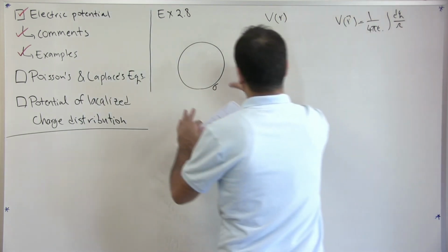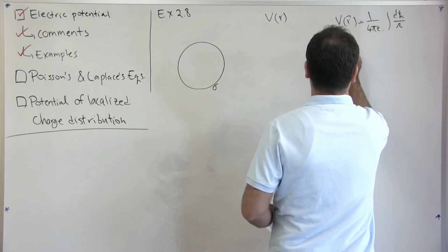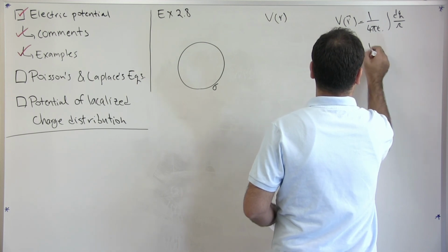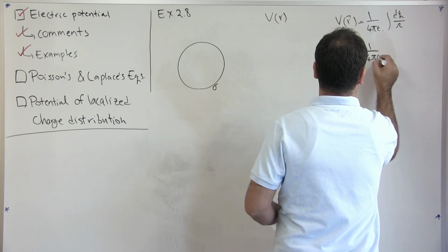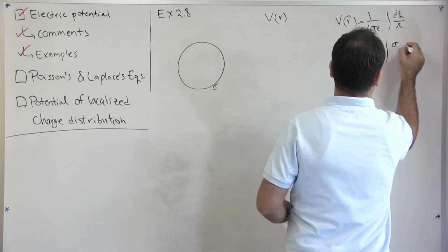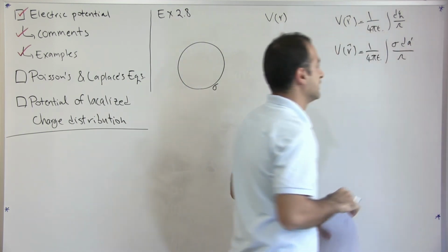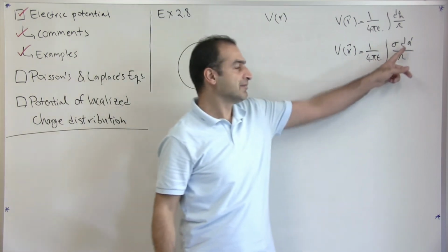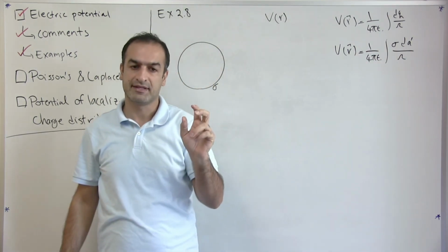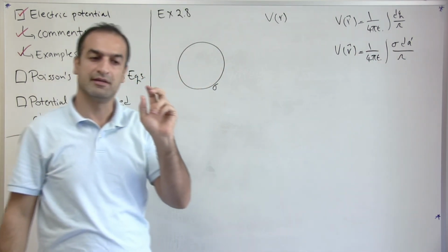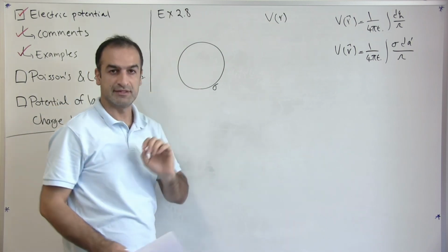Here we have surface charge distribution, so I would write it in terms of the surface charge density: 1 over 4 pi epsilon 0 integral of sigma dA prime over r. And this dA prime is the surface element, infinitesimal area on the surface of this sphere.